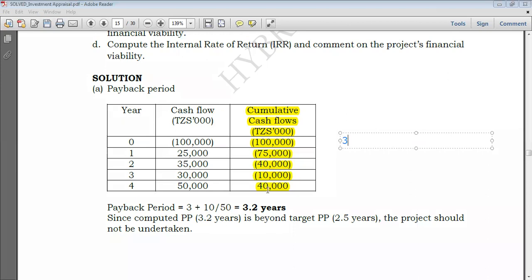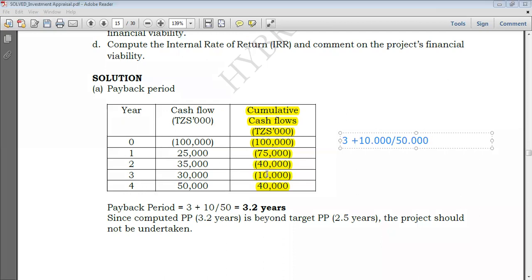So that's why you could just say 3 plus the difference from minus 10,000 to 0, which is 10,000 itself, over the difference from negative 10,000 to 40,000. Now 40,000 minus negative 10,000 is 50,000. To make matters simple, don't waste your time in an exam.